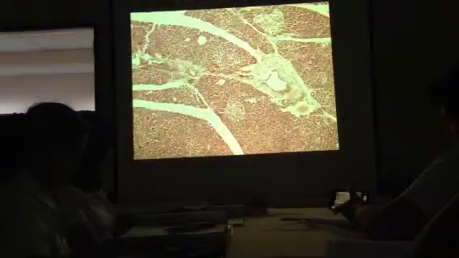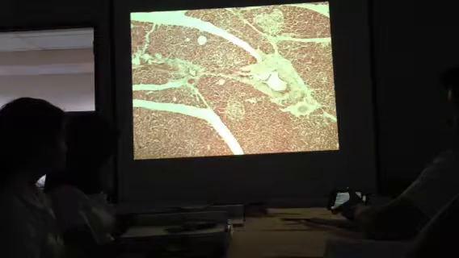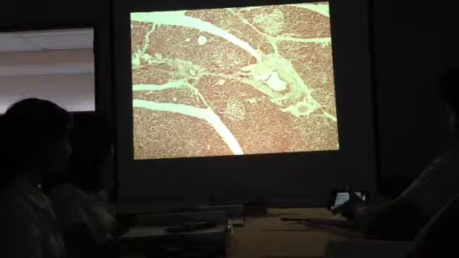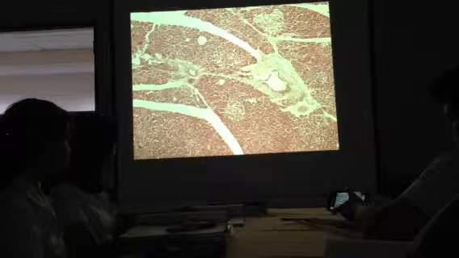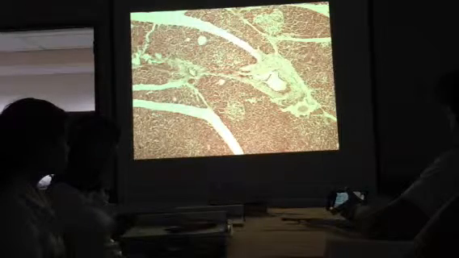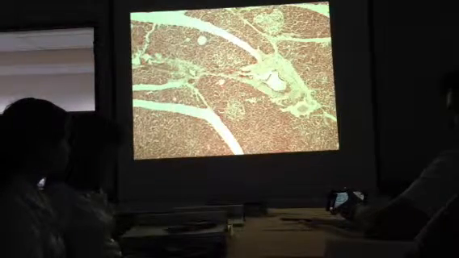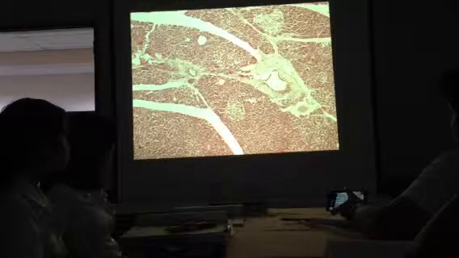Okay, so identify the structure pointed. Interlobular duct. And then that duct inside the lobule.